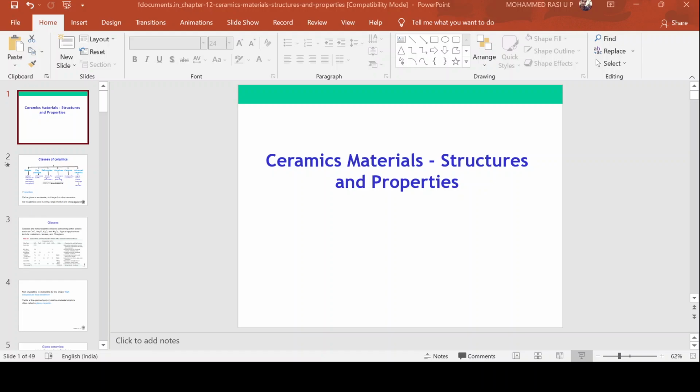For cesium chloride, the arrangement between the cation and anion is cubic. So in linear we have 2, in triangular we have 3, for tetrahedral we have 4 around the anion, 6 for octahedral, and 8 in the case of a cubic arrangement.